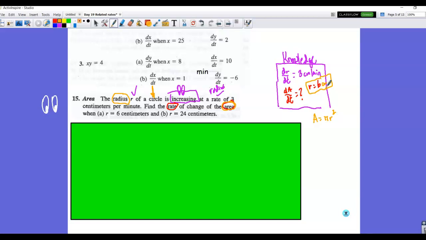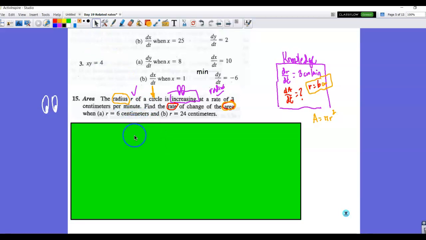So do not substitute changing quantities until after differentiation. Again, do not substitute changing quantities until after differentiation. If a quantity is constant, it is not changing, then you should substitute it before differentiation. I would take the time to write that down and maybe even listen to that again and reprocess that.